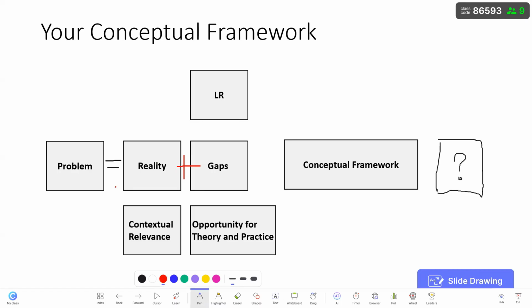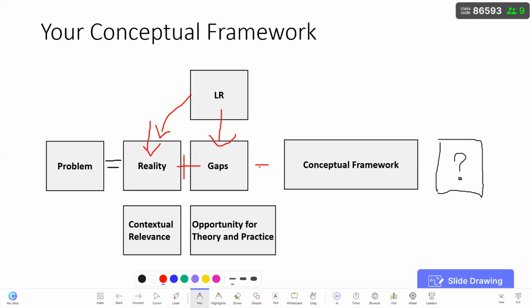In the problem you identify what the reality is, and then you find evidence to denote the gravity of the reality. That comes from the literature review, and gaps are identified from reviewing the literature, right?